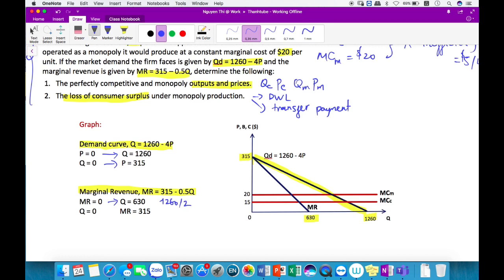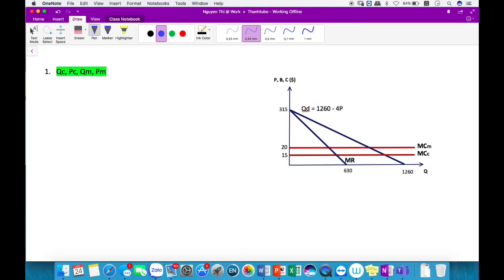Then you set the output equal to 0 to get marginal revenue equal to 315, and actually this value equals the above value. Or in other words, the demand curve and the marginal revenue will start from the same point. Okay, and you just connect these 2 points to get the marginal revenue. And finally, you need to draw the marginal cost under competition and marginal cost under monopoly equal to 15 and 20 respectively.